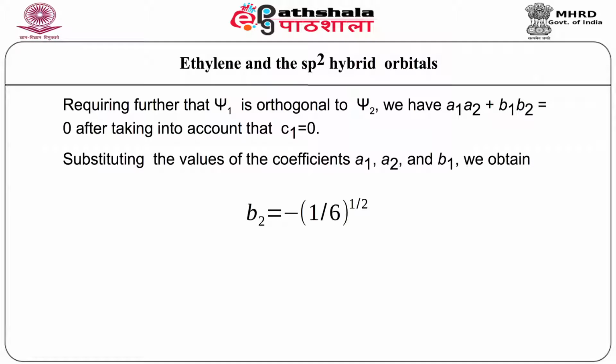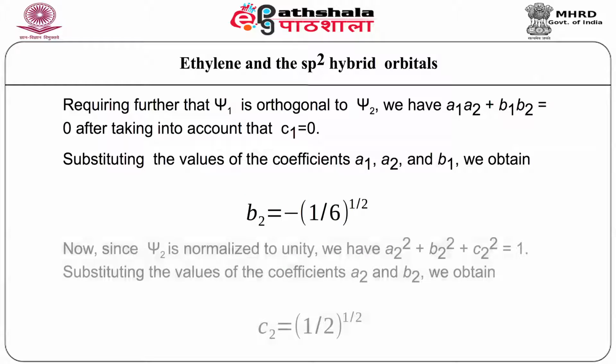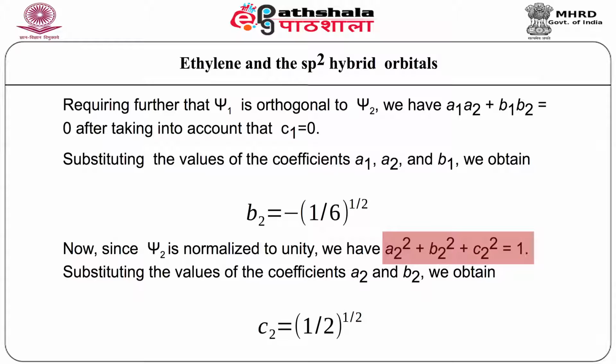Substituting the values of the coefficients A1, A2 and B1, we obtain B2 equals minus square root of 1/6. Now since Ψ2 is normalized to unity, we have A2 square plus B2 square plus C2 square equals 1. Substituting the values of the coefficients A2 and B2, we now obtain C2 equals square root of half.